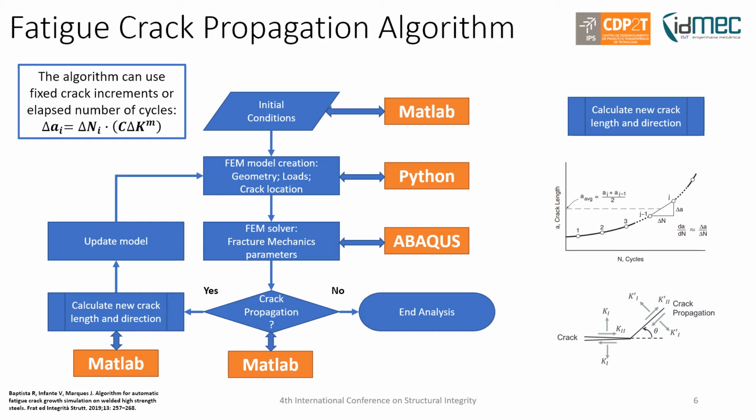It uses Python to generate the model and Abaqus to solve the finite element problem and calculate the fracture mechanics stress intensity parameters that are used to determine the new crack length and the new crack direction.